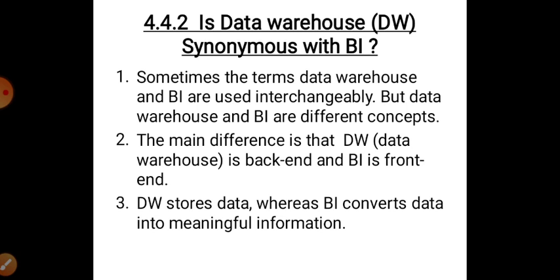Data warehouse is the large storage of the data coming from various quarters of the organization. But there is a difference between data warehouse and BI. The main difference is that data warehouse works as a backend support for the needs of the data, whereas BI brings out inferences out of the available data by analyzing and producing reports in required format. So data warehouse is a backend and BI is a front-end tool.